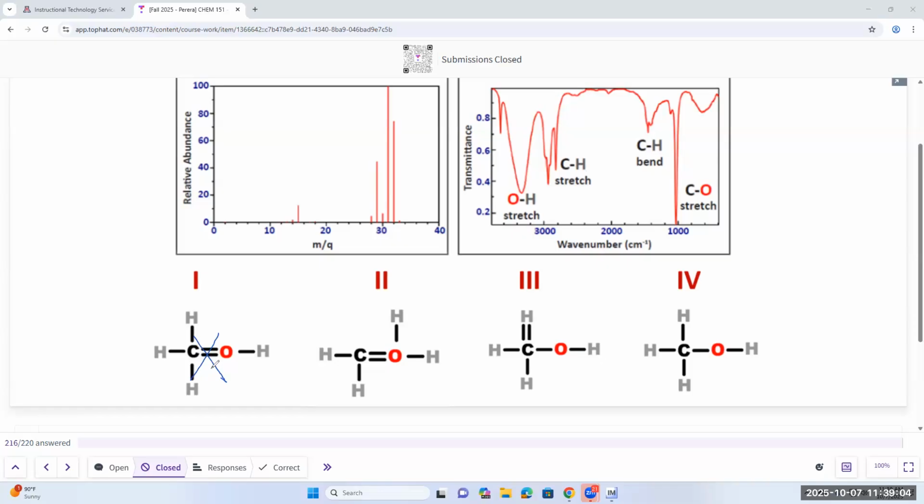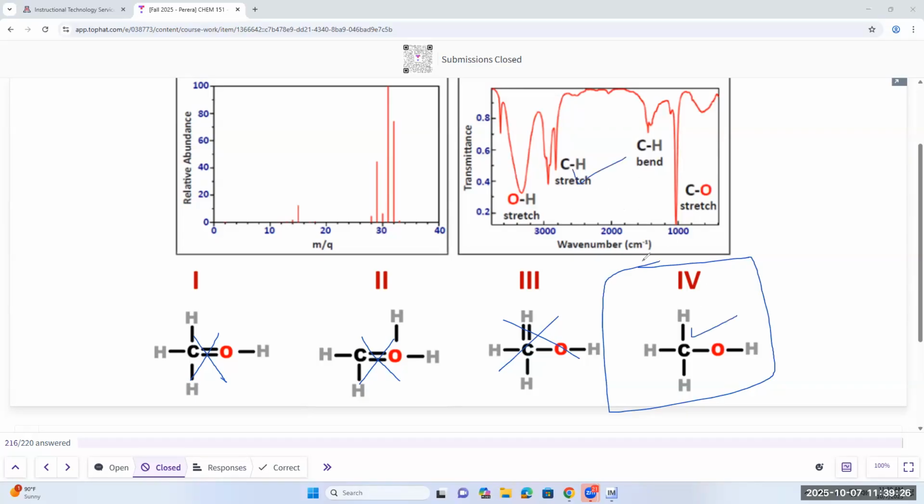Therefore, it has no business being in our molecule. For the same reason, option 2 is out. And then in option 3, we have C double bond H. Do we have C double bond H in our IR spectrum? No. Therefore, option 3 is out as well. That means our answer must be option 4.